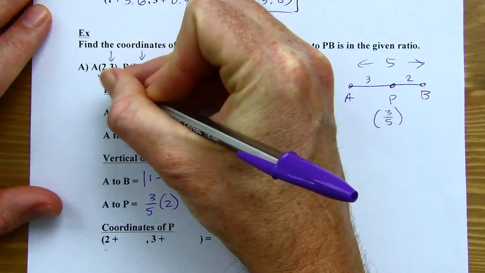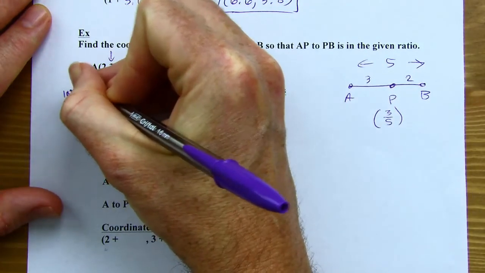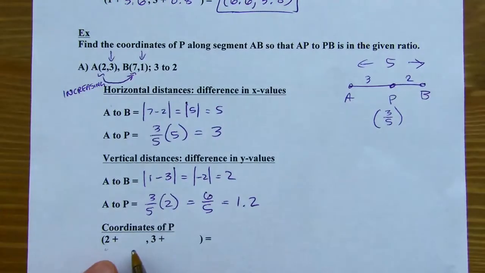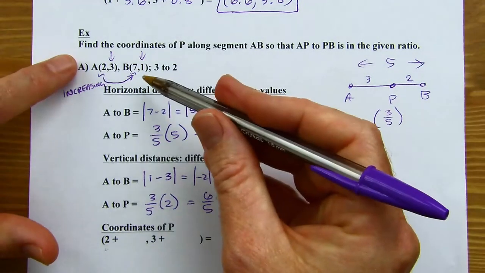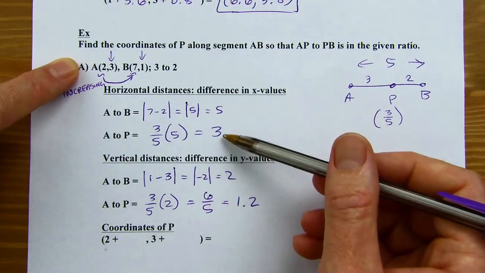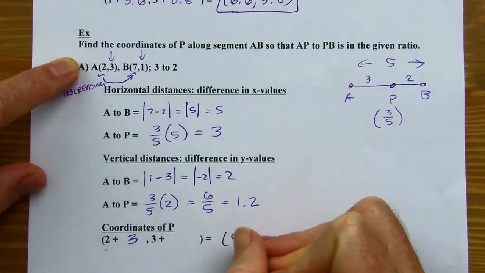Going from 2 to 7, it's increasing. I need this value after I do the adding to be between 2 and 7, because it's going to be 3/5 of the way from 2 to 7. So it makes sense to add 3 here, and that's going to come out to 5, right?